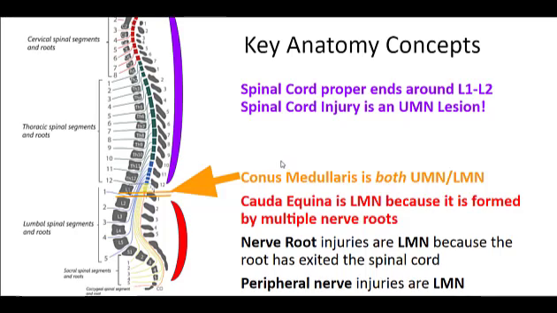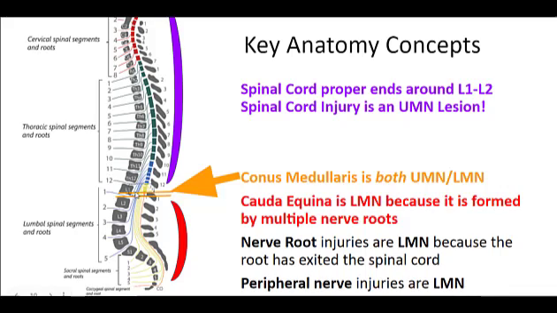Another gentle reminder here that the conus medullaris is the end of the spinal cord here. And so the important thing to remember here is that a spinal cord injury is an upper motor neuron lesion. Whenever we damage the spinal cord itself, it's still part of the central nervous system. But the conus medullaris here is going to present both with upper motor neuron and lower motor neuron signs.